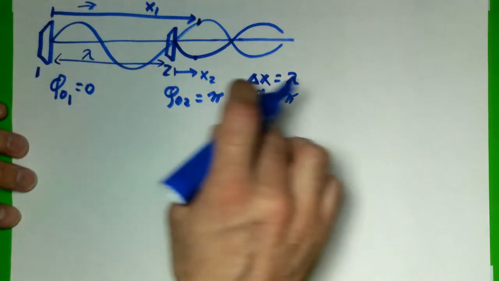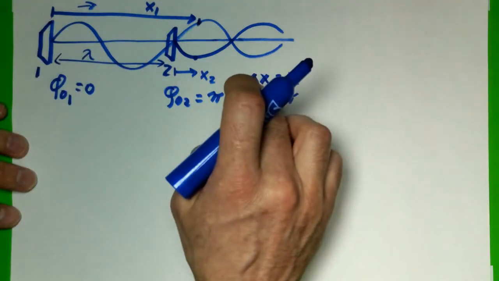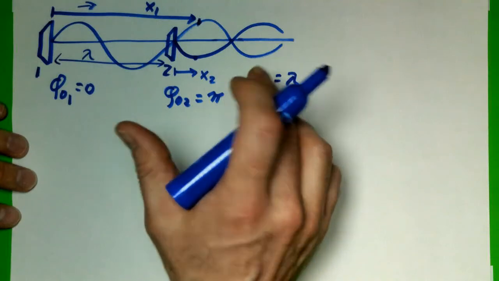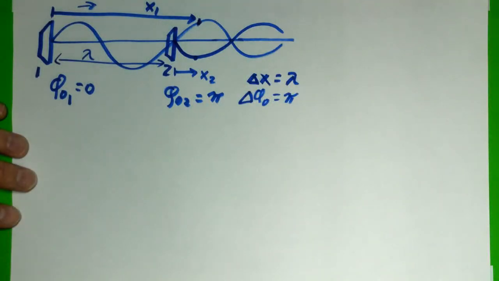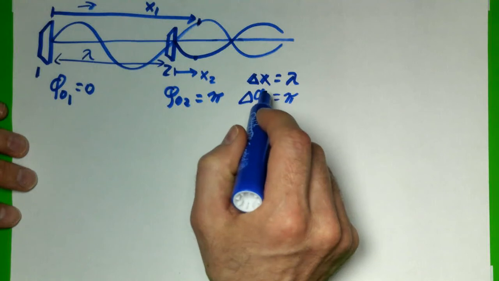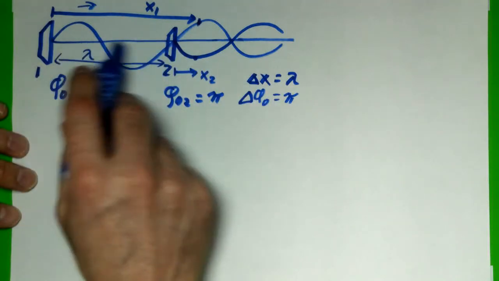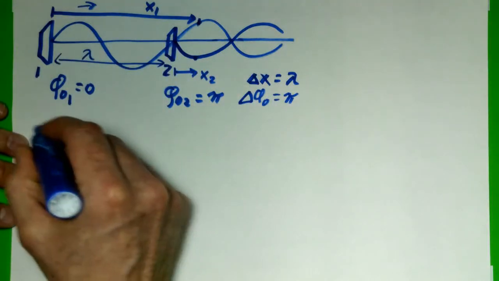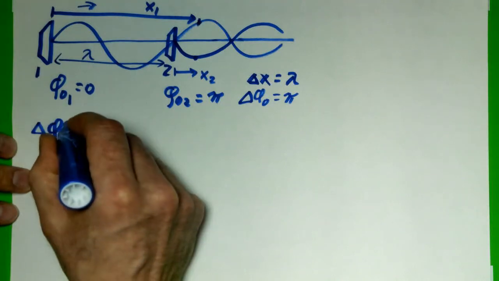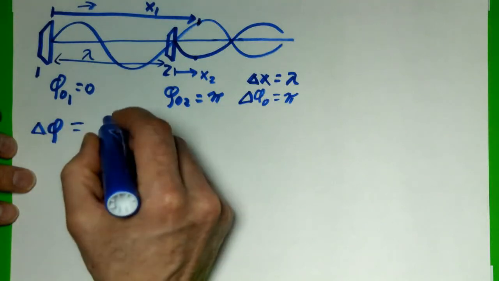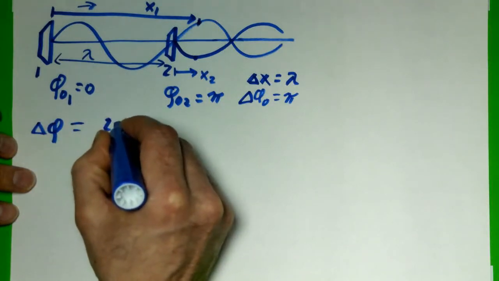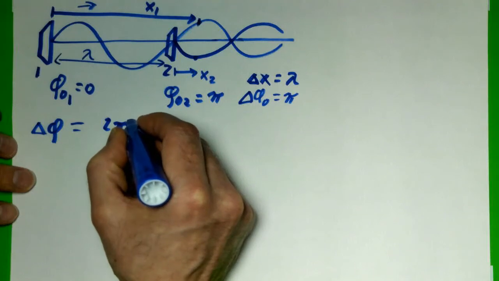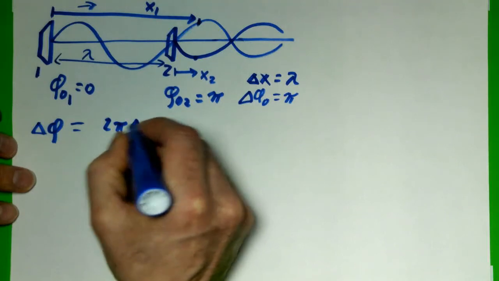Okay, so what is that going to do? Well, if the total phase equals a half cycle, or 3 half cycles, or 5 half cycles, then they should cancel out, as we can see here. And so the change in the phase between the two is 2 pi times the change in the position over the wavelength.